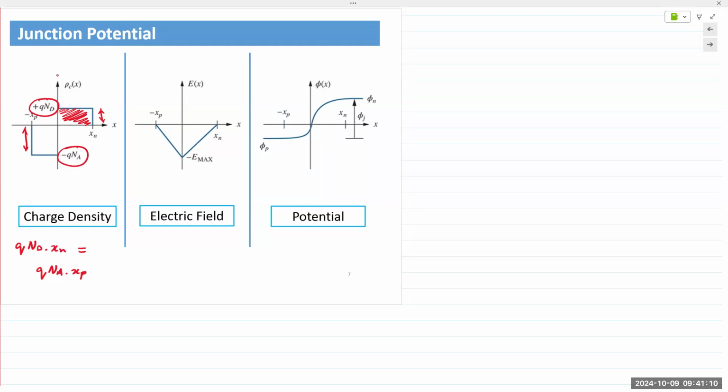The numbers would never even out. That's why I put a negative in there. But X is basically the distance into the semiconductor. So we have Xp and Xn. That's the distance into the semiconductor. So don't forget that.